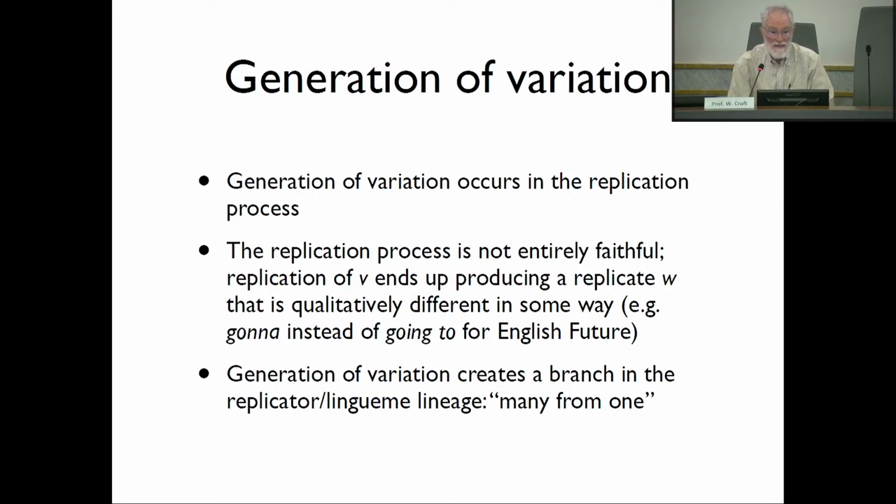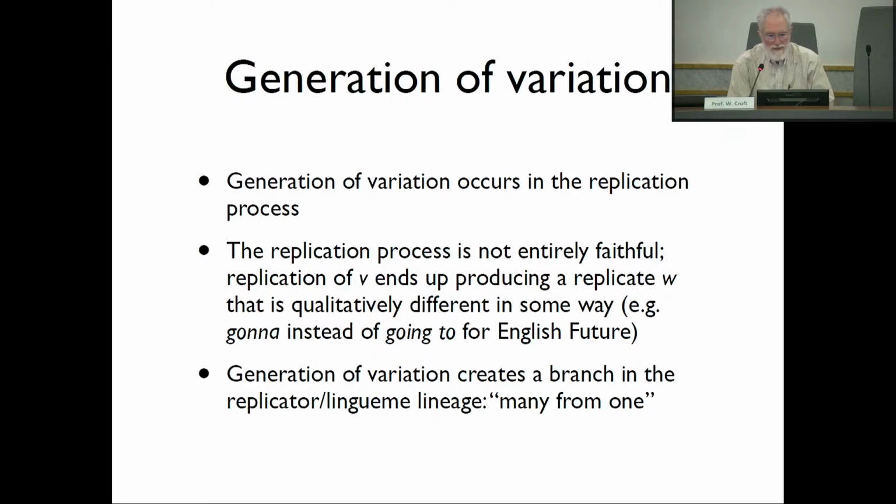People make changes in the process. So in other words, a speaker chooses to replicate a variant V, but ends up producing a replicate W that is qualitatively different in some way. A simple example is using gonna instead of going to for the English future. Of course, I'm talking about a point in the past history of English when gonna was first introduced.